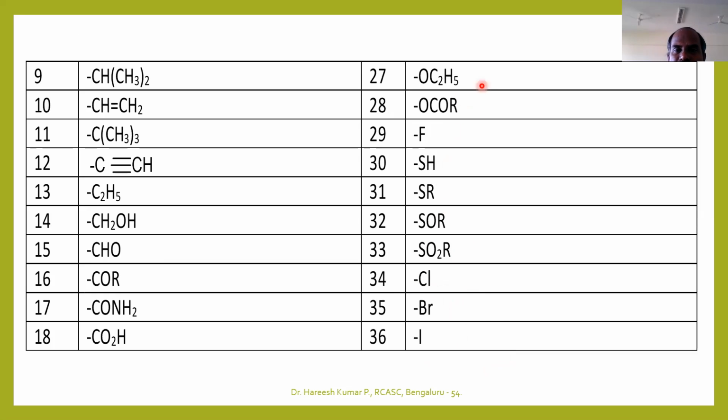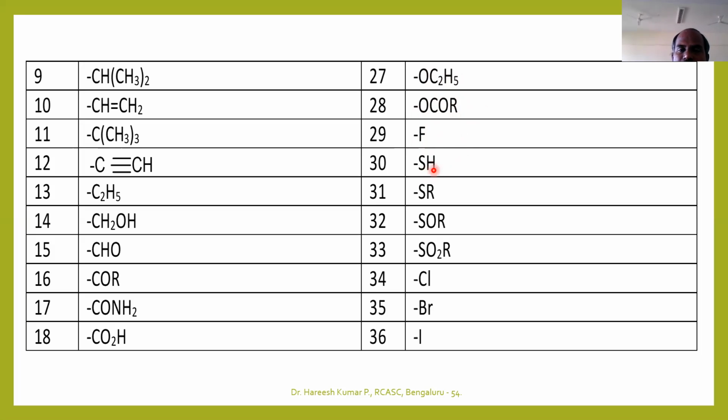So here what you can observe, this is called ethoxy, this is called the oxyacetyl group, acetoxy group. When you are comparing the acetoxy and ethyloxy, acetoxy takes priority. Similarly, fluorine takes priority compared to oxygen because of atomic number.